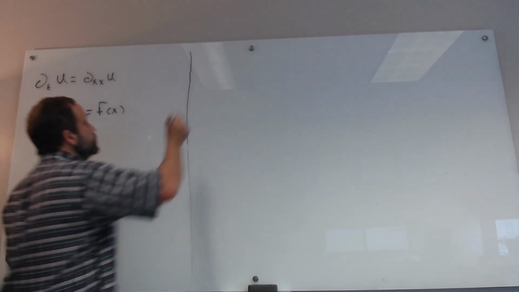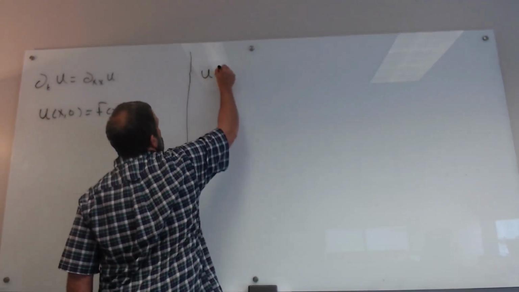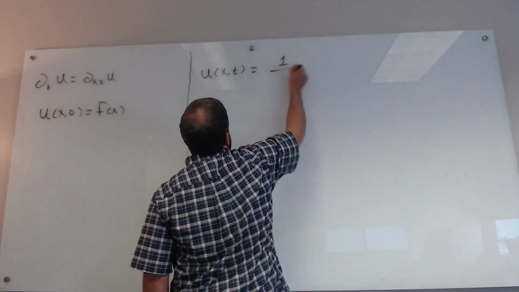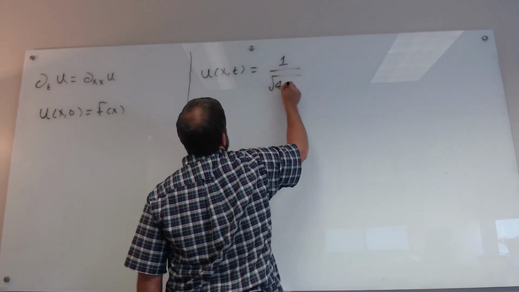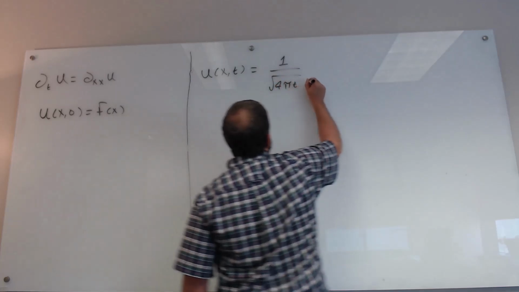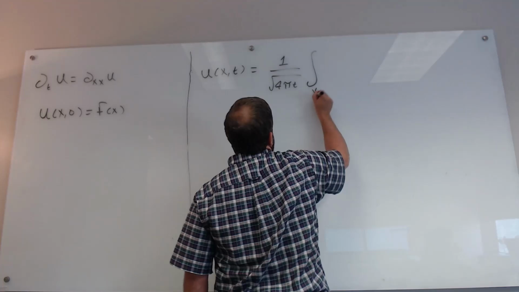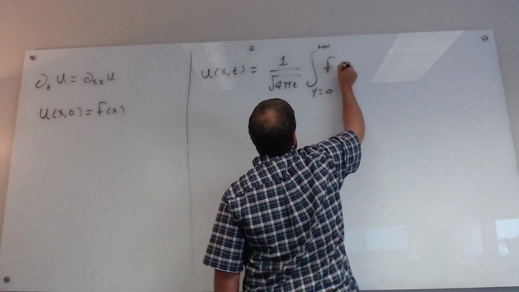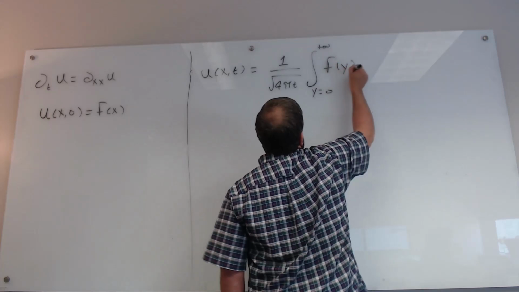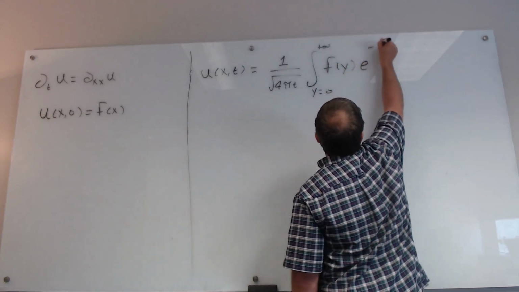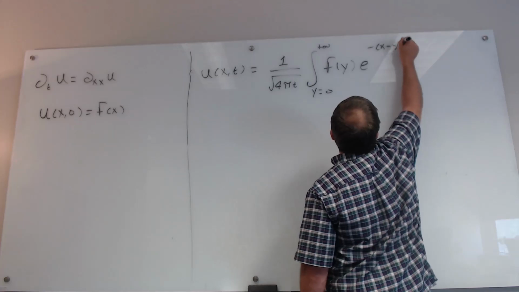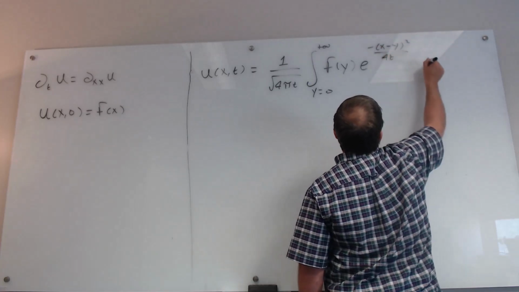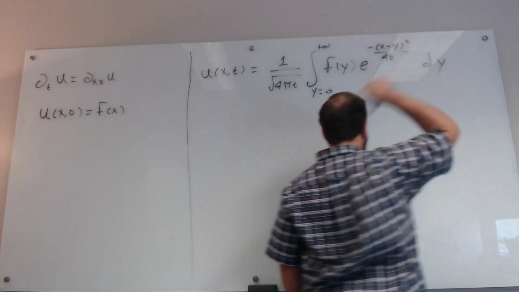So the solution is u(x,t) is equal to 1 over the square root of 4 pi t times the integral, y going from minus infinity to infinity, of e to the minus (x minus y) squared over 4t, f(y) dy.